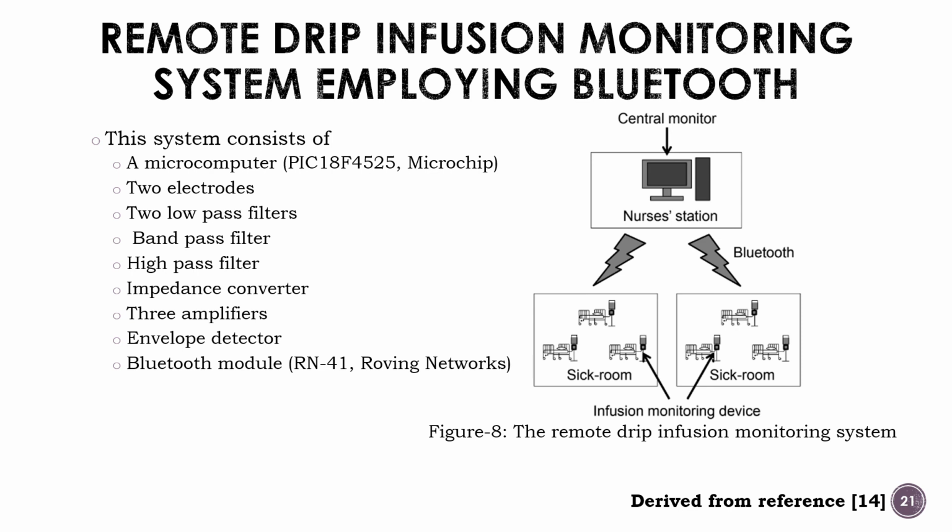The filter output is amplified by the third amplifier to 33 dB and digitized in a microcomputer by a 10-bit analog to digital converter. The microcomputer counts drops, calculates the infusion rates, and determines the drip rate. The Bluetooth module sends the detected data using the serial port profile. That's all about the working.